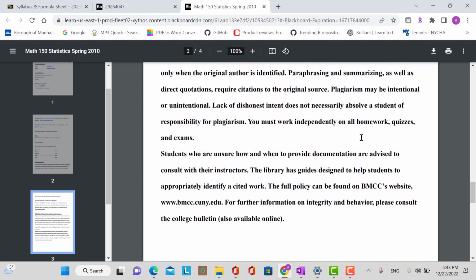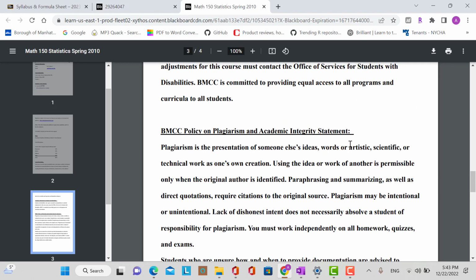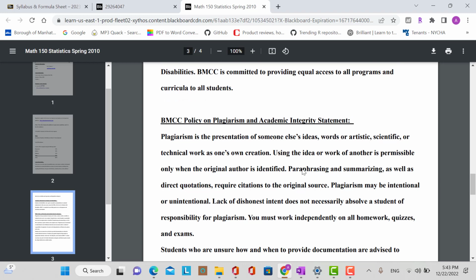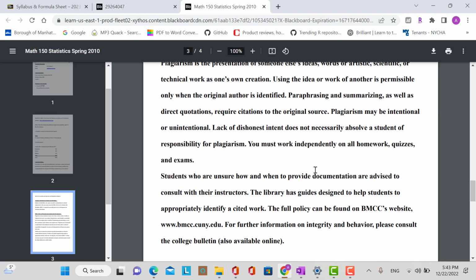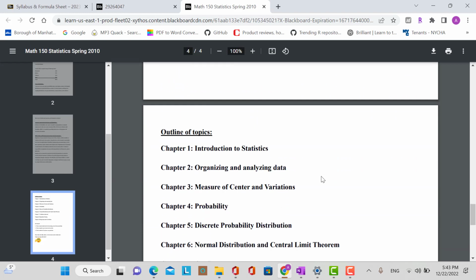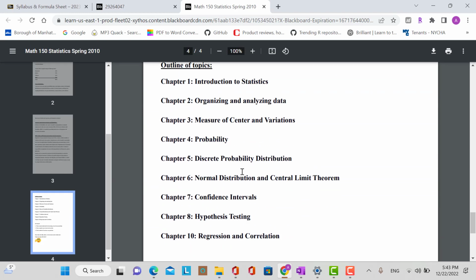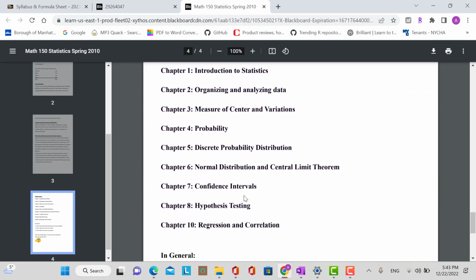Just no cheating on any of the homework, quizzes, midterm and final. You're supposed to work on each one of them independently without any external help.